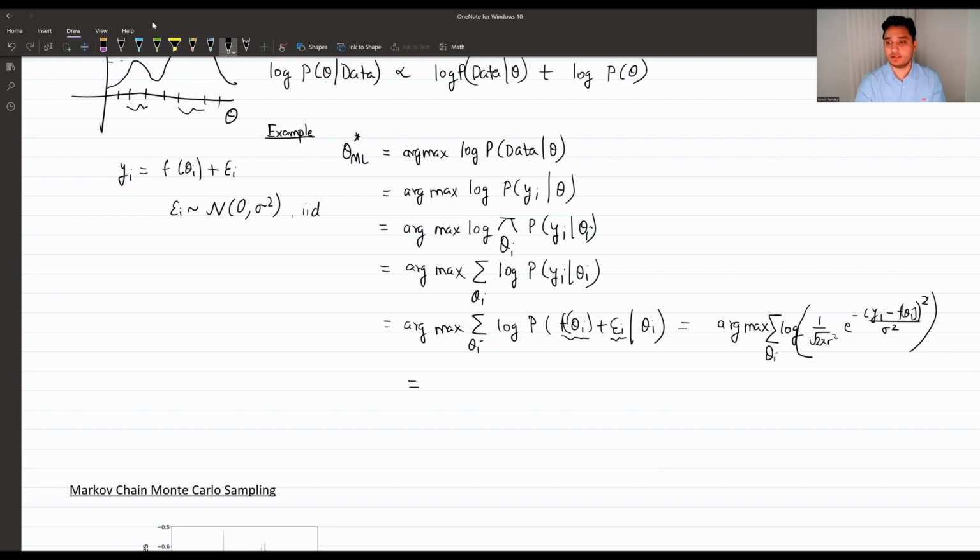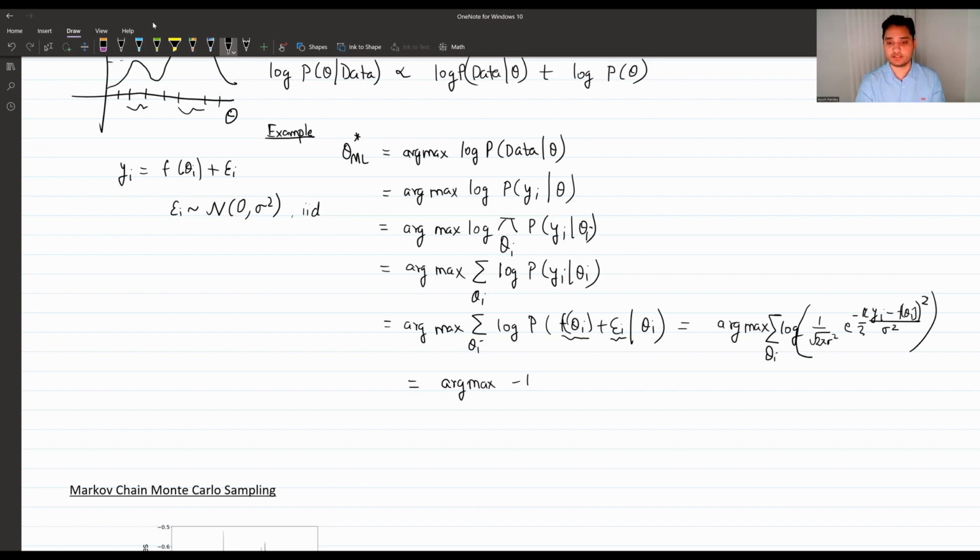And finally, since again this is argmax, the constant factors don't matter because all we are interested in is the argument of the maximum of this. So we can write this as the negative, minus 1/2 argmax. And so we have log and e get canceled.